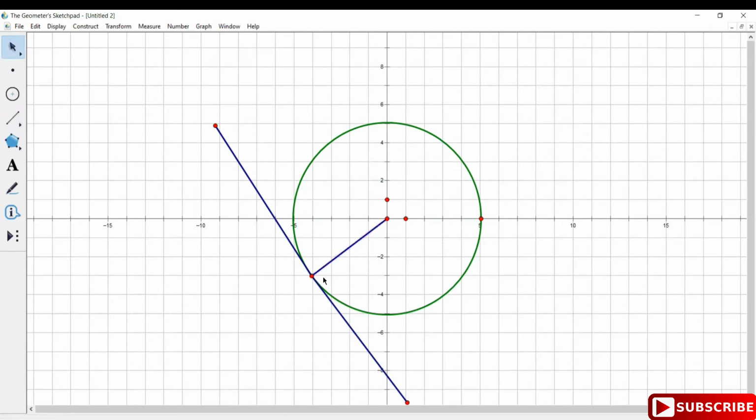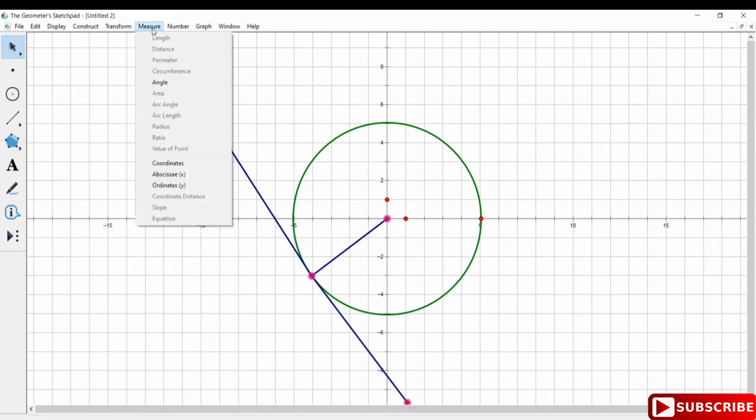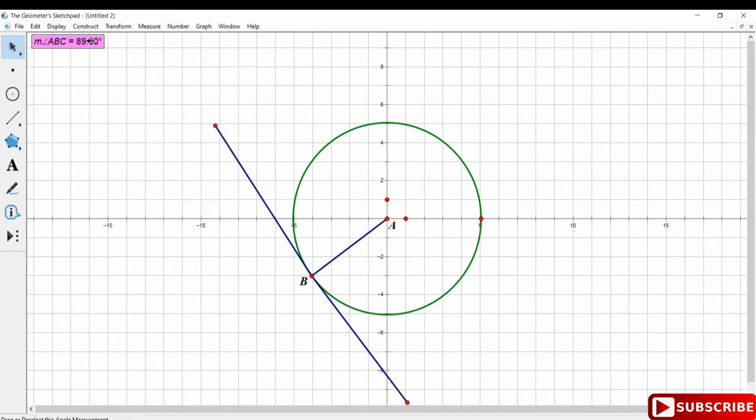May I go verify it? If I measure the angle in between, we're supposed to get 90. I measure and get 89, because my tangent is not 100% accurate, but this angle right here is indeed 90.